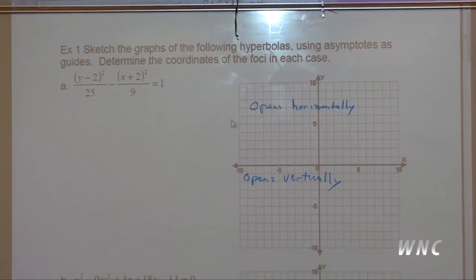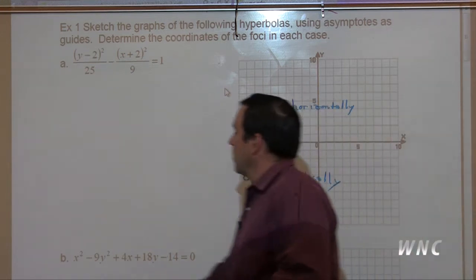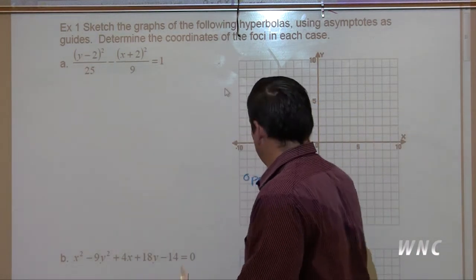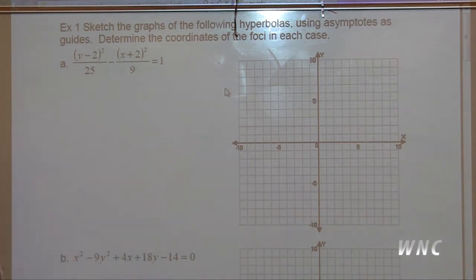Look at these graphs. A little different than we've seen before. They go up to 10. So we're to sketch the graphs of the following hyperbolas using asymptotes as guides.